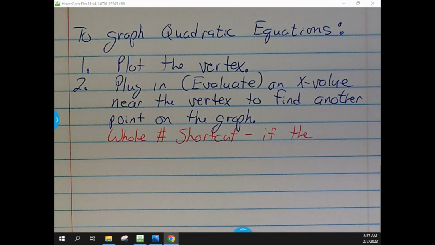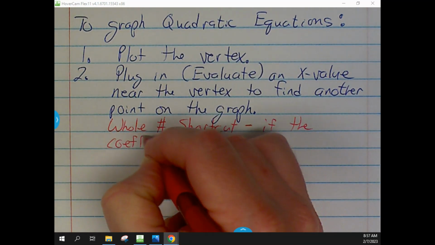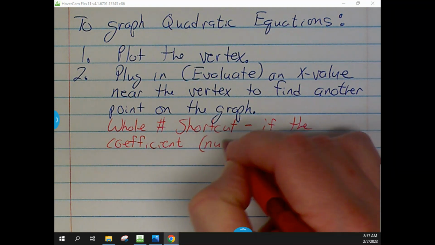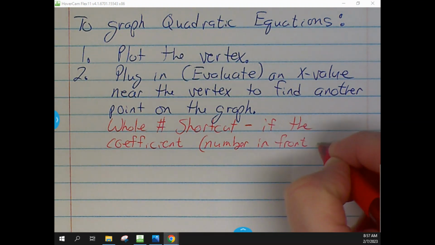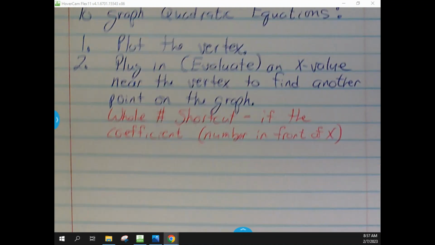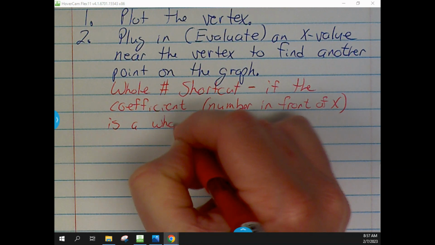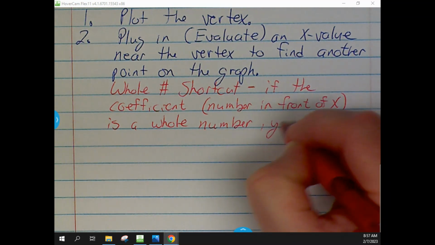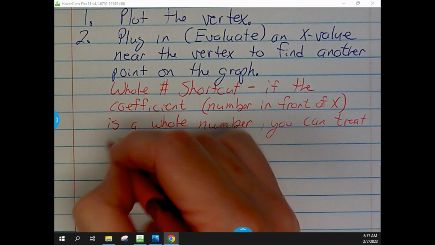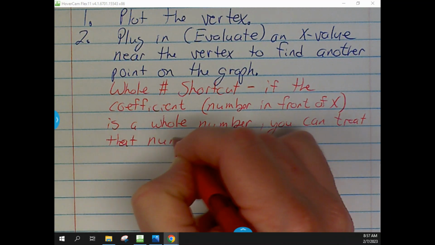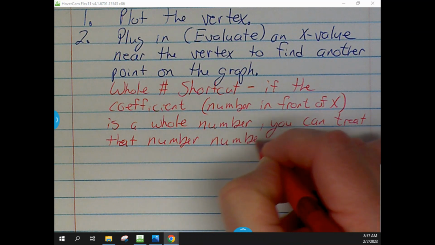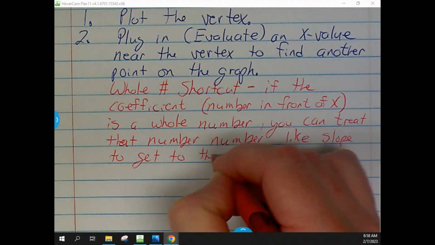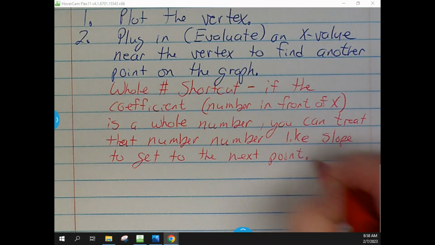If the coefficient, remember that's just the number that's in front of x, is a whole number, you can treat that number like slope to get to the next point.